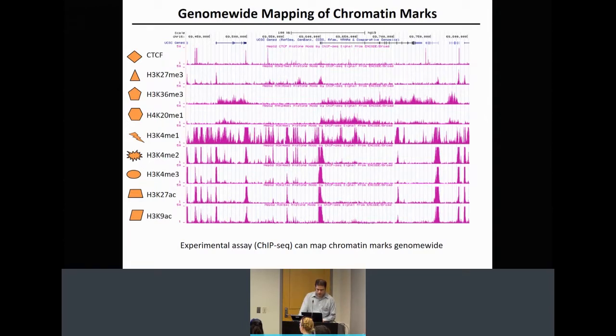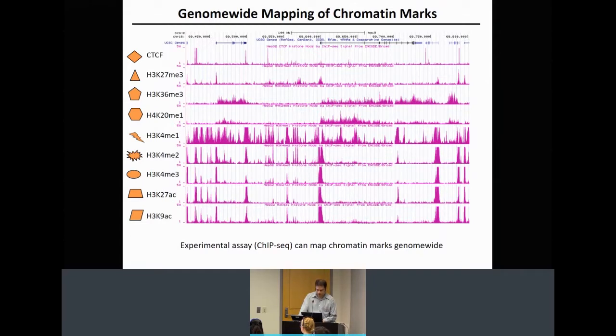So a single experiment gives you tracks like this, which has a density map of where different marks are. You're getting on the order of 20 million sequencing reads that are used to form one of these tracks. So the higher the value, the greater the presence of this modification relative to other positions across the genome.